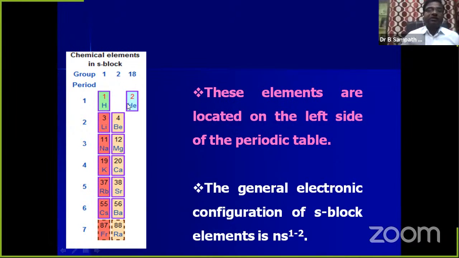But here the s orbital is completely filled, so it has low reactivity. It won't lose, gain or share electrons. That's why it is inert and kept in the 18th group. But it belongs to s-block only.